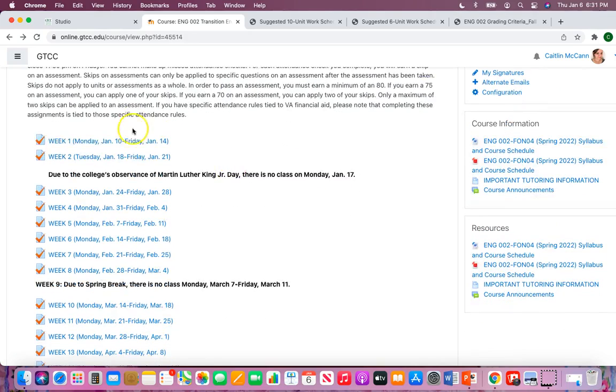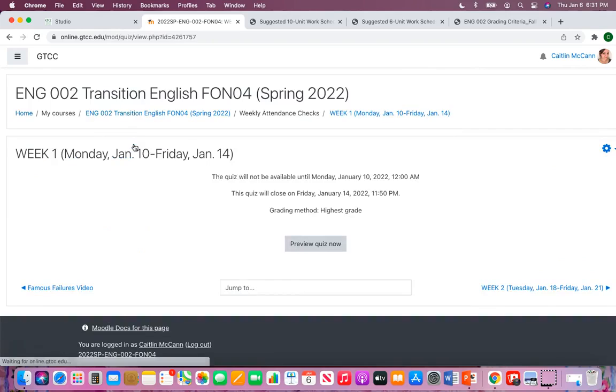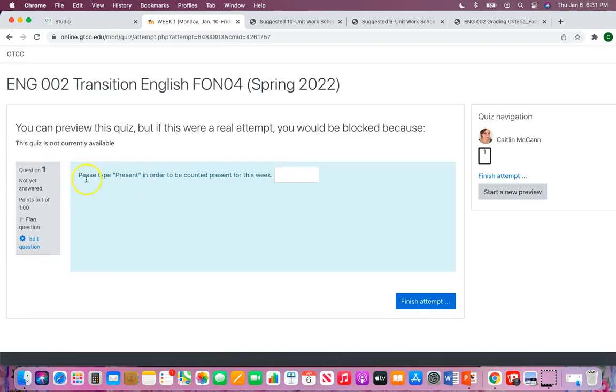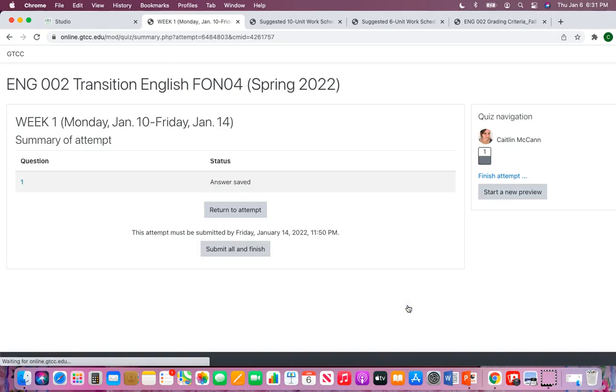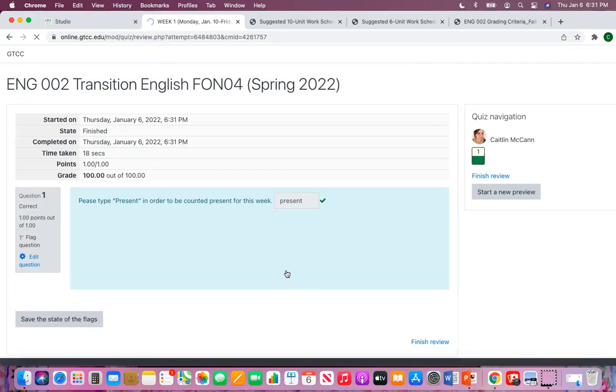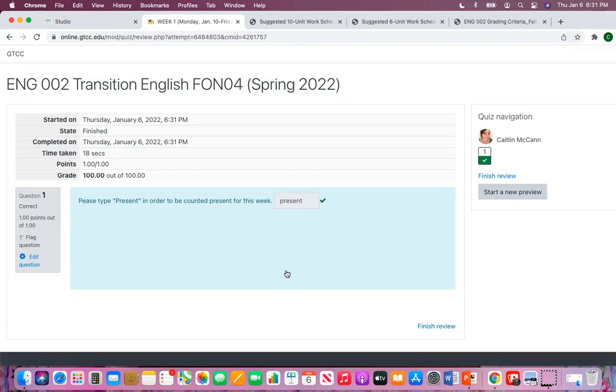So the attendance check is pretty simple. You have this, please type, oh my gosh, a typo. It's going to be in every single one. Please type present in order to be counted present for the week. And then you just type present, finish the attempt, and submit all and finish, and that's all you do to be counted present for the week.